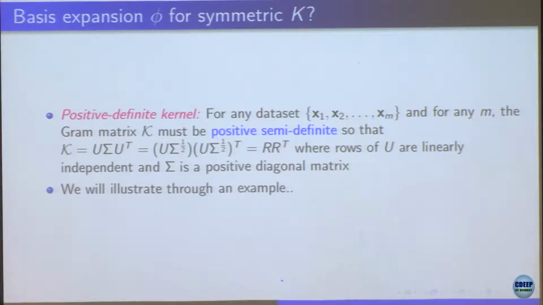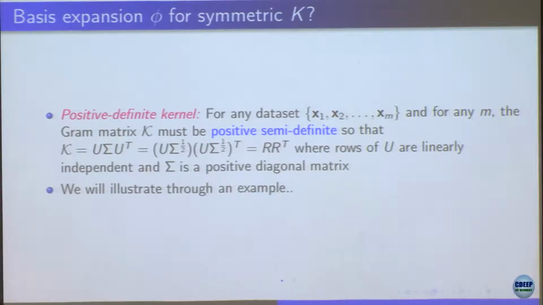Some orthogonal matrices and matrices of some form whose product is the original matrix. Specifically, if it's positive semi-definite, you can show that it can be decomposed as U sigma U transpose, where sigma is a diagonal matrix and U is orthogonal.